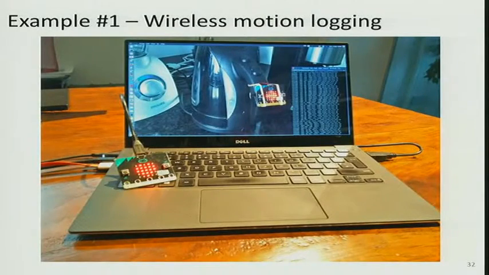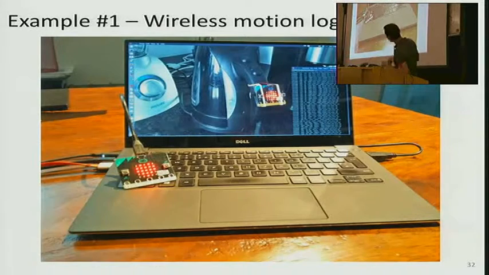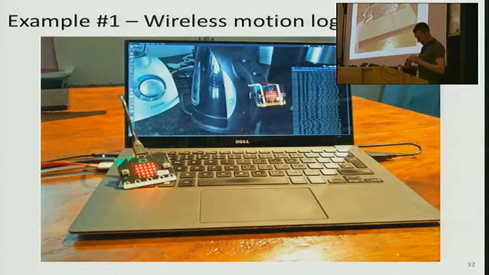So, as an example, this shows how to use a microbit for wireless data logging and capturing movements. This is a photo of my laptop at home, and on the laptop screen is a remote microbit, which I switch on.